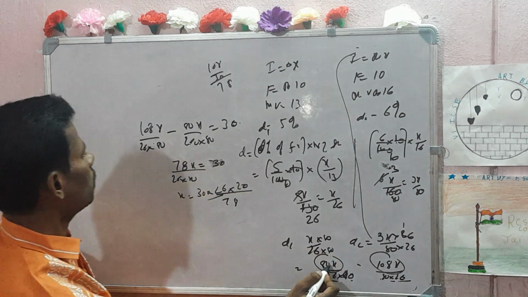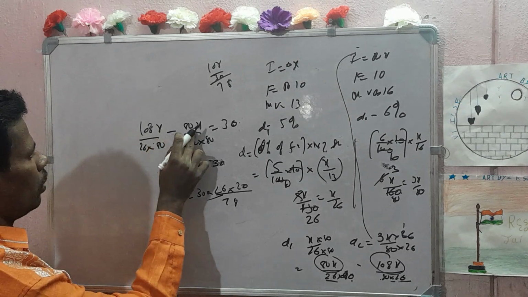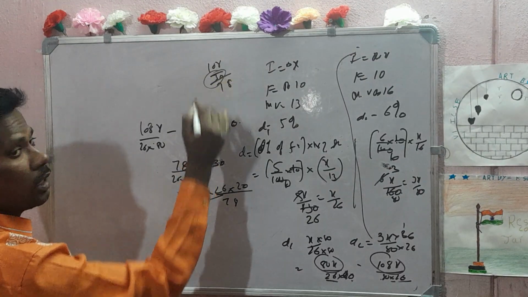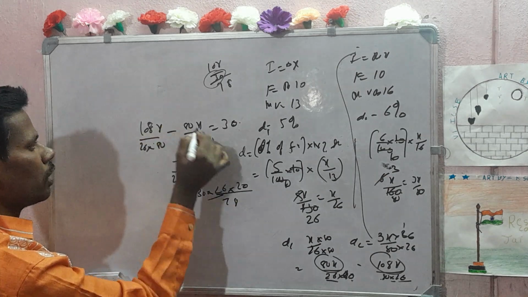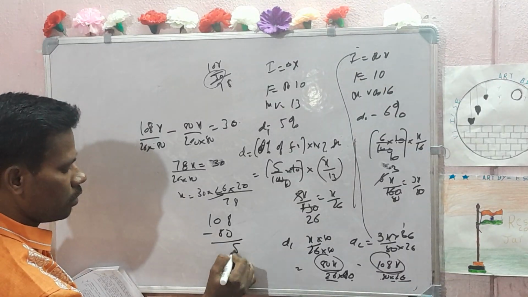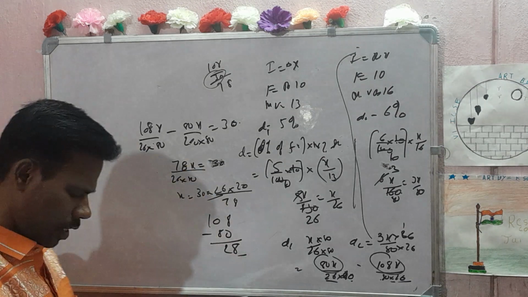I am sorry, here this is 80. 108 minus 80. Not 30 here. I am sorry, please make a note of it. 108 minus 80 is 28. This is 28. Please make a note of it.